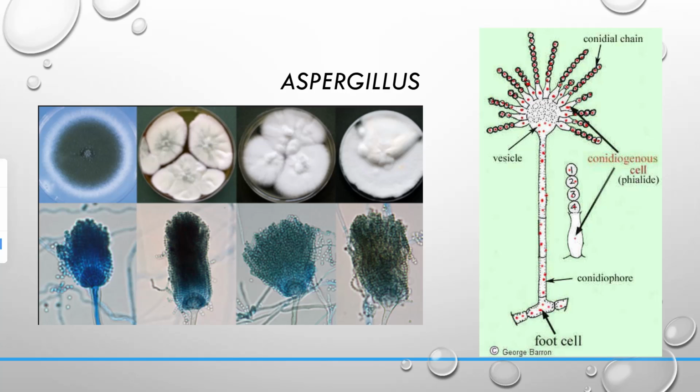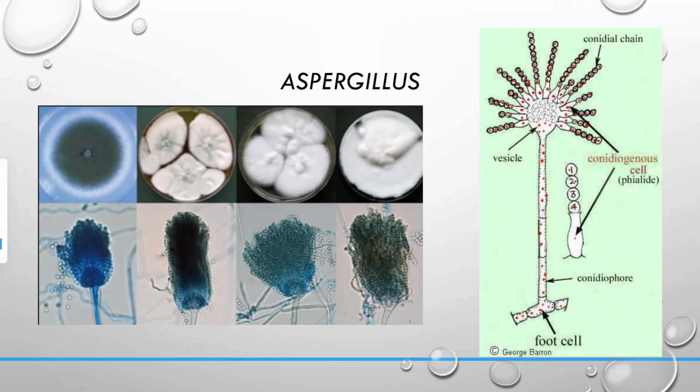For Aspergillus, there are four main types that we worry about, pictured here. The colonies look different, and so do the reproductive structures. Aspergillus has this conidiophore. You can see the septate hyphae growing up into this huge structure.